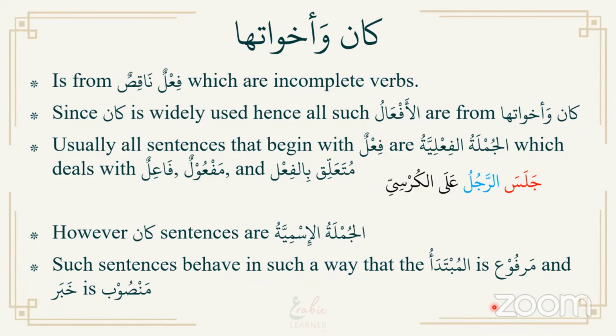You will find that the mubtada is marfu, but in kana sentences the khabar is mansoob. That is exceptional. In the normal jumla ismiya, both mubtada and khabar are marfu. But in kana sentences, we don't call it mubtada, we call it something else, which I will explain now.